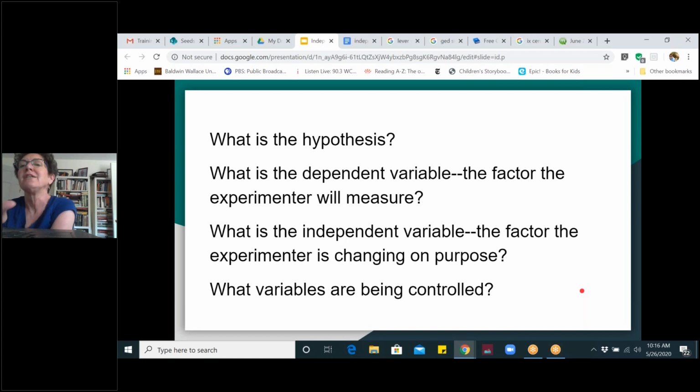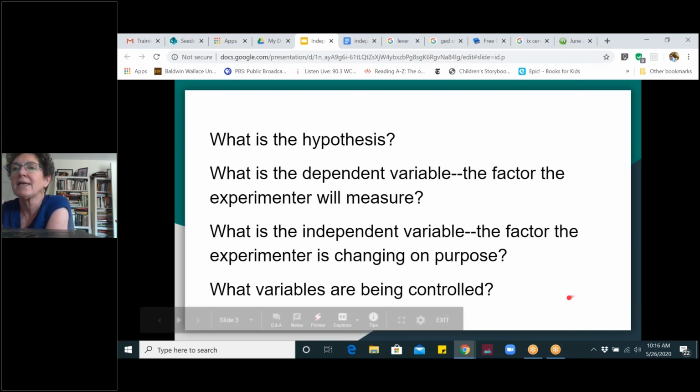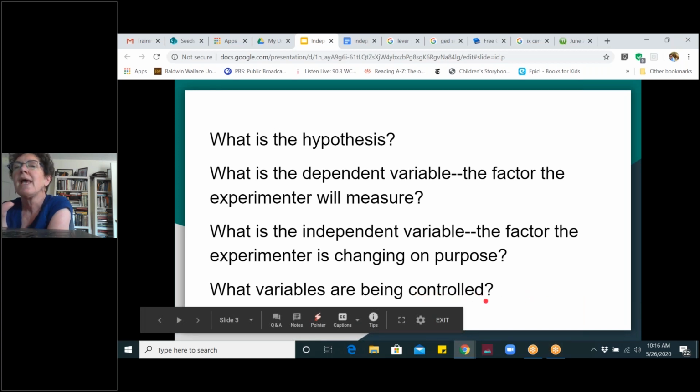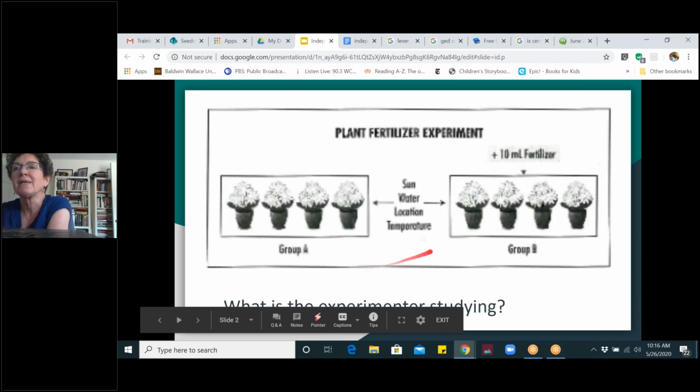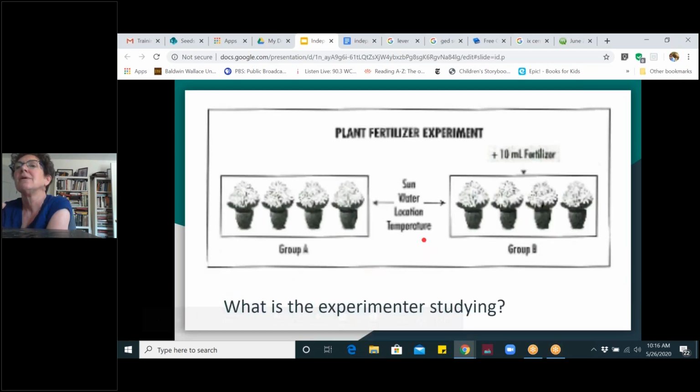There's one more question here that frequently comes up, and that is what variables are being controlled. By that, we mean what variables are being kept the same. In this case, it's all these things in the middle: the sun, the water, the location, the temperature. These are all things that we know affect the height or the growth of a plant.